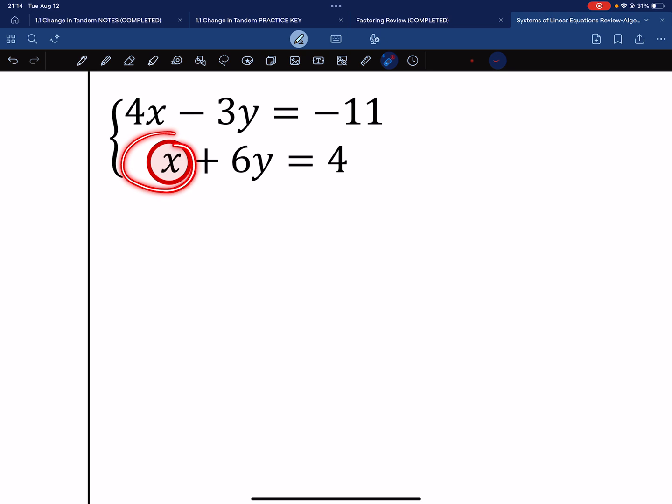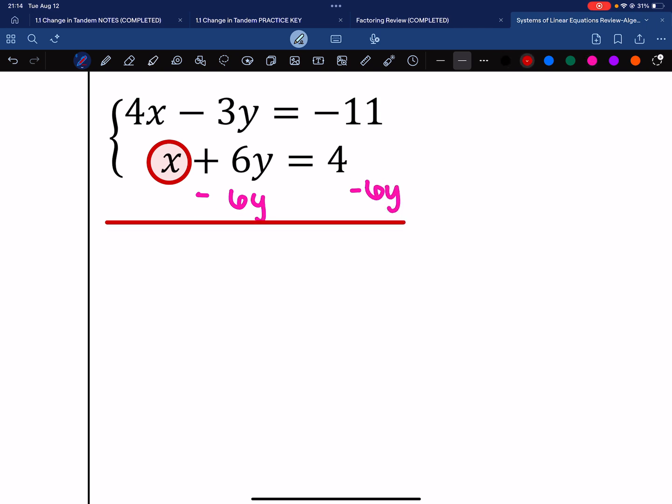This x variable is the only one that does not have a number in front other than 1. We want to get that by itself. To get it by itself, we are going to subtract 6y from both sides. When we do that, that gives us x equals 4 minus 6y.